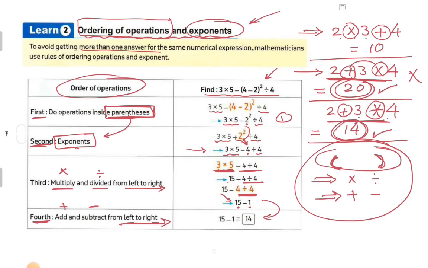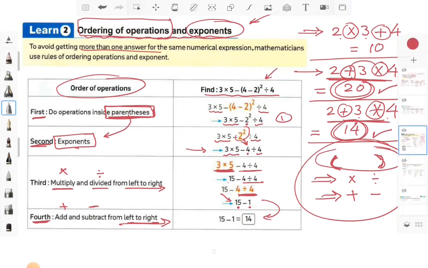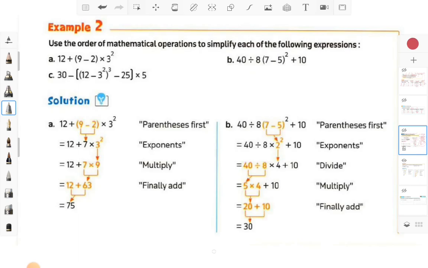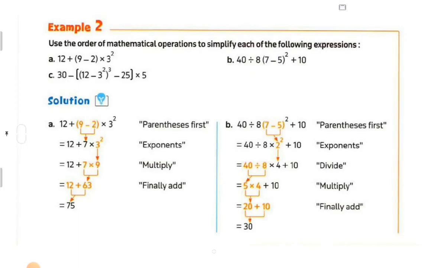Okay, let's get the first example about that topic. Here we have 3 examples. Start with example A. Here we have plus, minus, multiply, power or exponent, and parentheses. Of course, start with parentheses. 9 minus 2 equals 7.